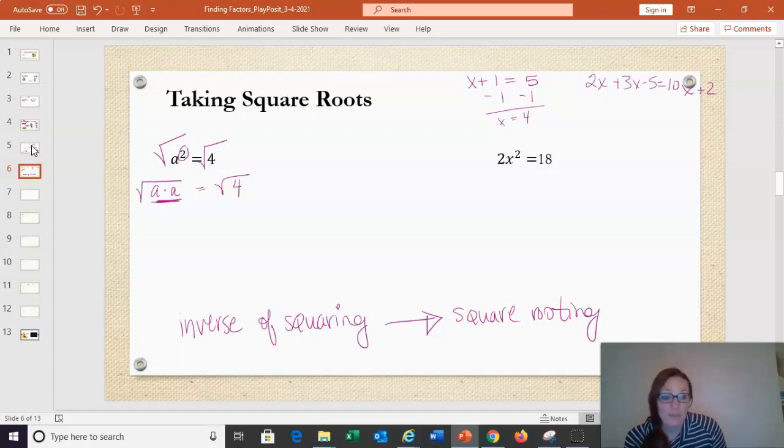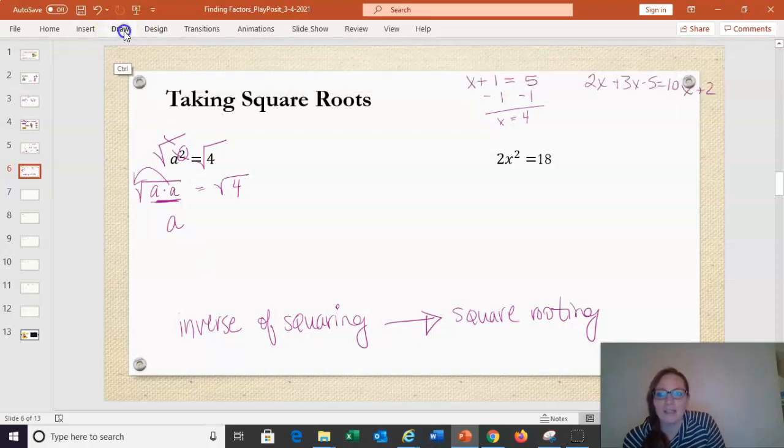That was the whole big deal when we did these. So the a comes out. That's why it works. That's why you get a by itself. Square rooting and squaring are inverses. I don't like to say they cancel each other out because that's not really the mathematical term, but they kind of do. They're inverses. Let me get my pencil back.